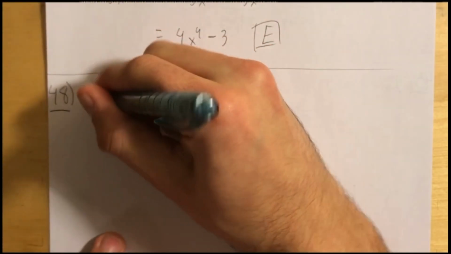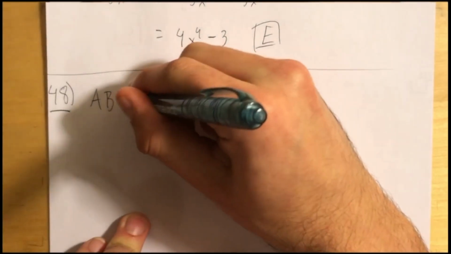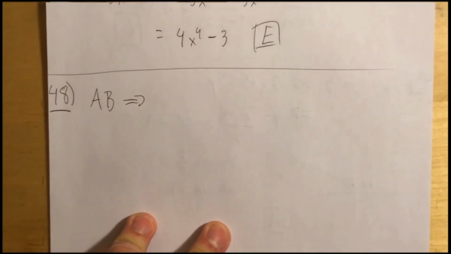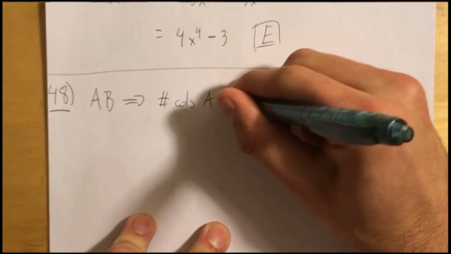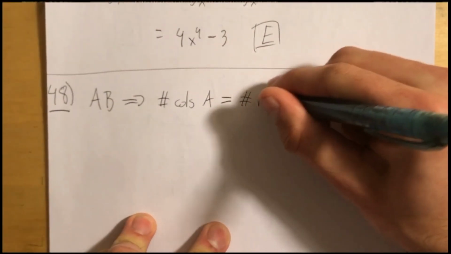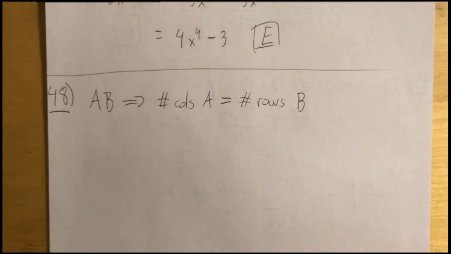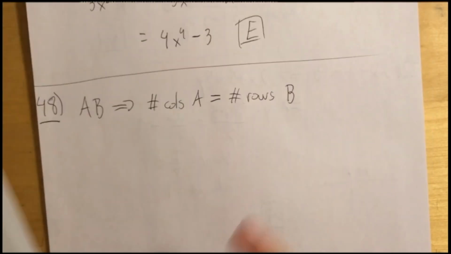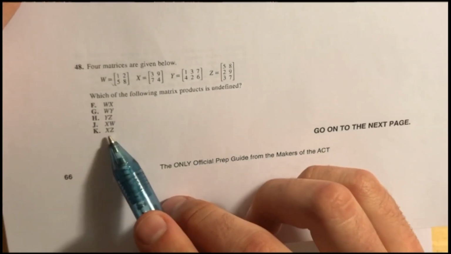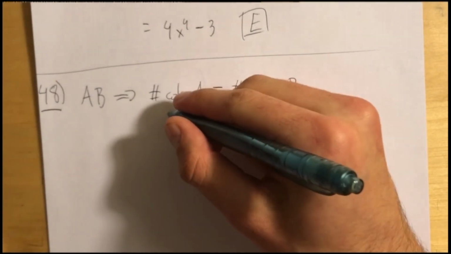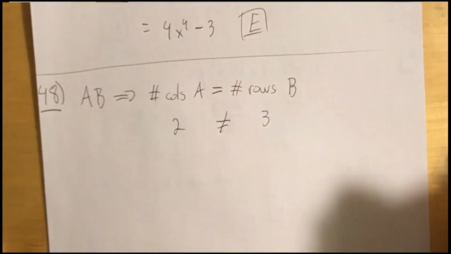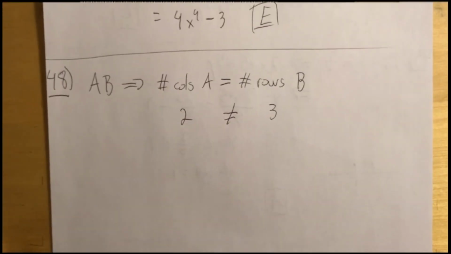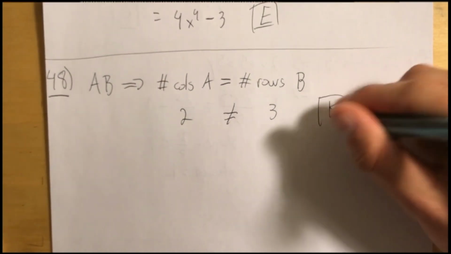Alright, so if you're multiplying a matrix A times a matrix B, in order for this to be mathematically possible, the number of columns of matrix A needs to be the same as the number of rows of matrix B. If you check this right here, every one of these options holds except for K, because the number of columns of X is 2, and the number of rows of Z is 3, which are not equal. So that multiplication cannot happen. So the answer is K.